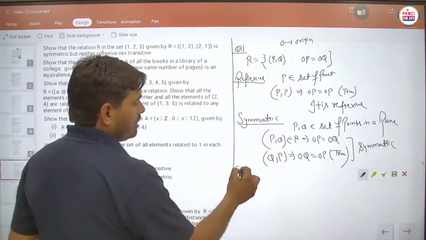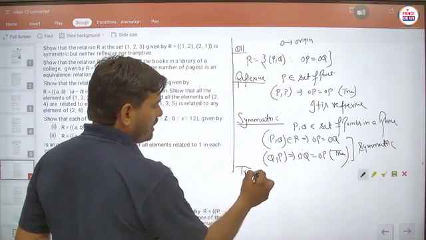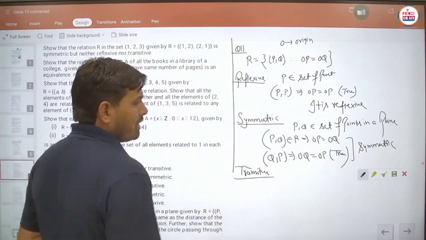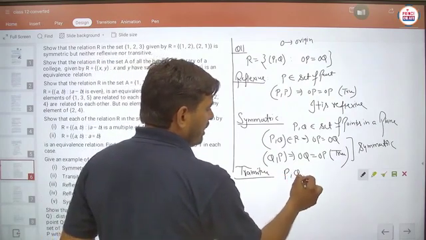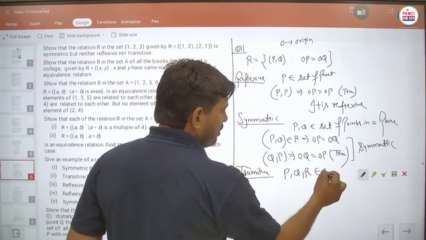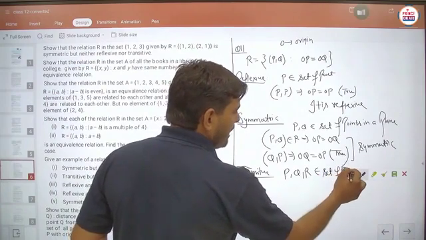And similarly for the transitive, we have to take three points P, Q and R from the set of points in a plane.